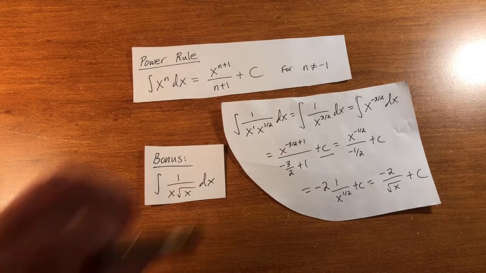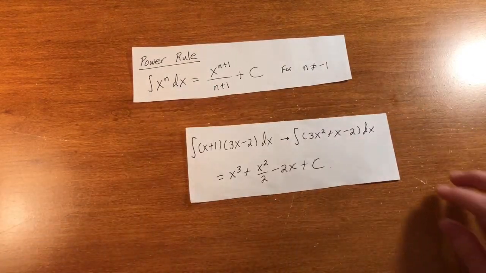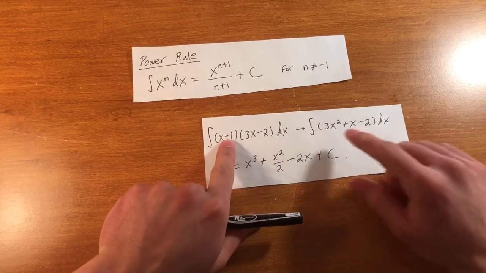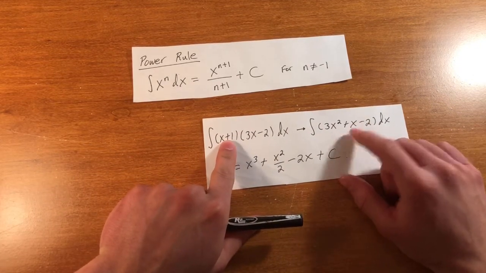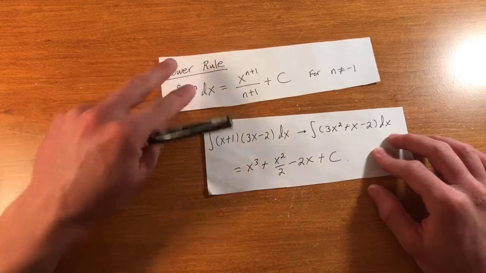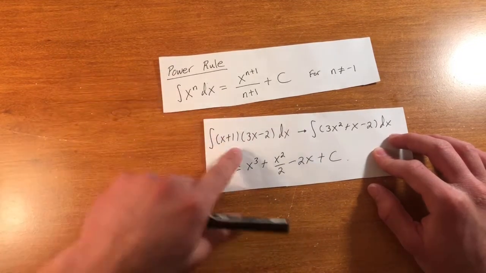And the last thing that I wanted to show was if we had something that looked like this. So we had, I guess you could say, two factors of this. Basically what I would want to do here is apply the power rule, but just not at first. I want to do some simplifying before I do that.